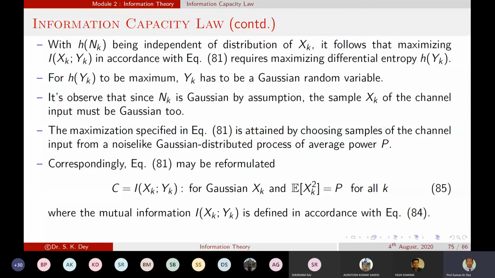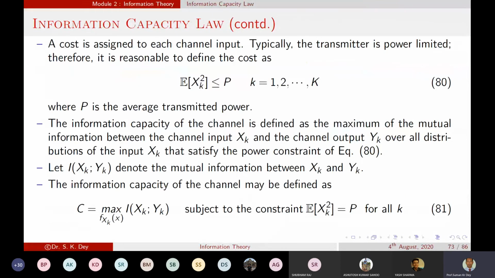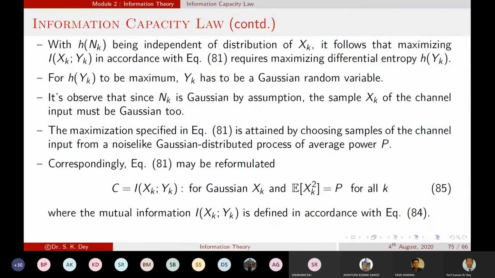We already talked about this property: for a Gaussian random variable, the largest differential entropy may be achieved. So that's why we consider yk this way, and h of yk is a maximum when yk is a Gaussian random variable.